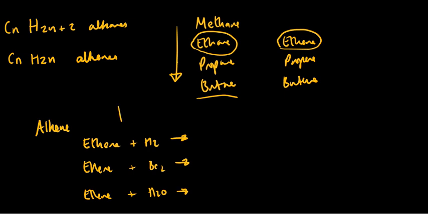These are my addition reactions with the alkenes. So in this case, ethene plus H2 would give me ethane. Ethene plus bromine would give me a halogen alkane. And then I would have ethene plus H2O would give me ethanol.